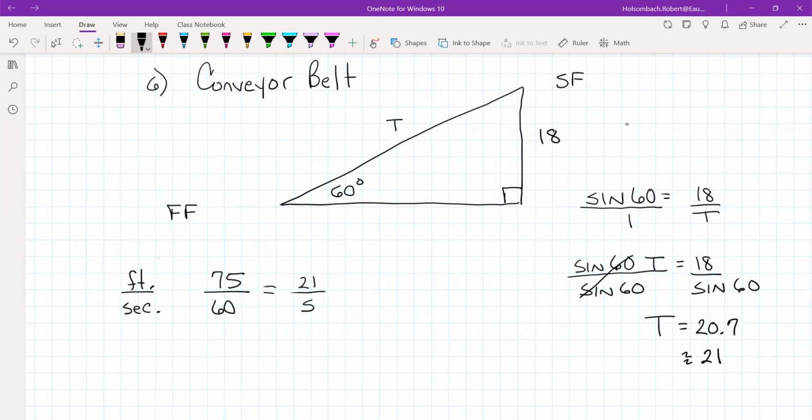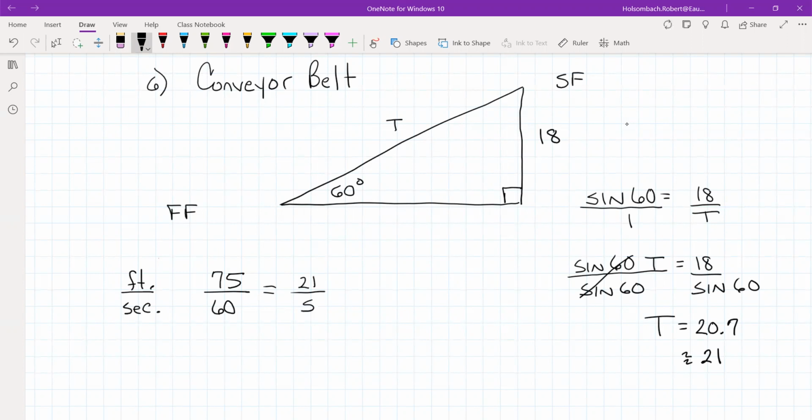The question is, to the nearest tenth of a minute, how long does it take the supplies to move from this to the second floor?